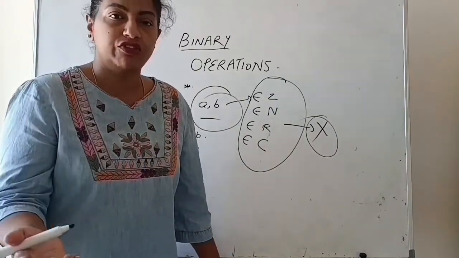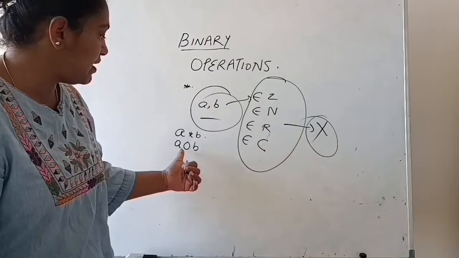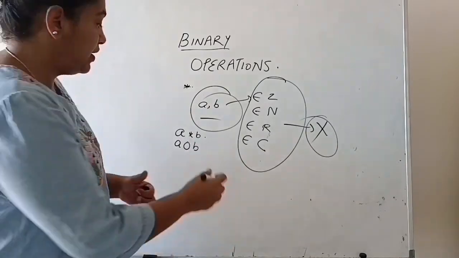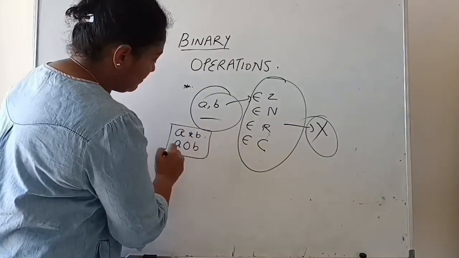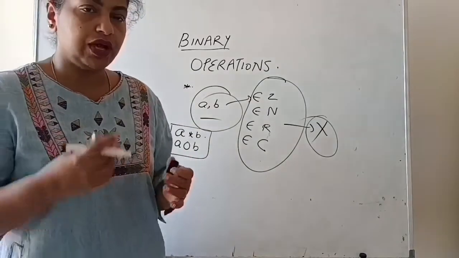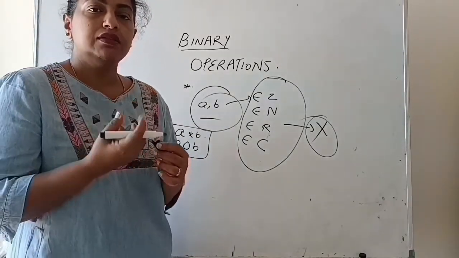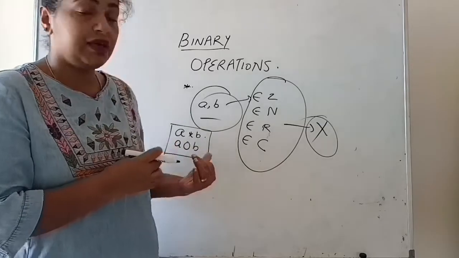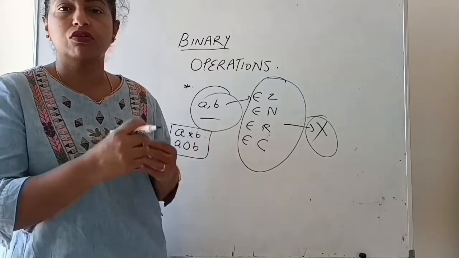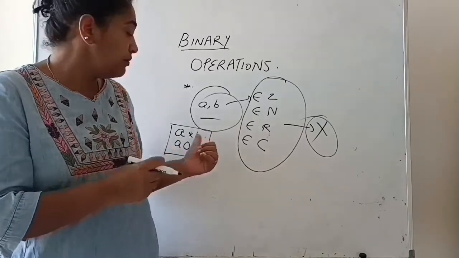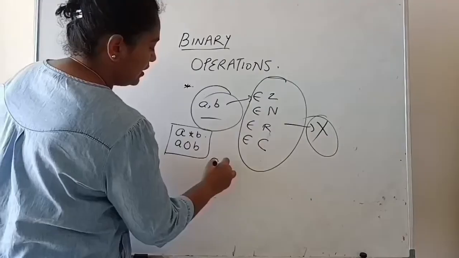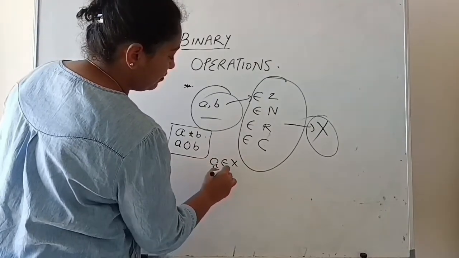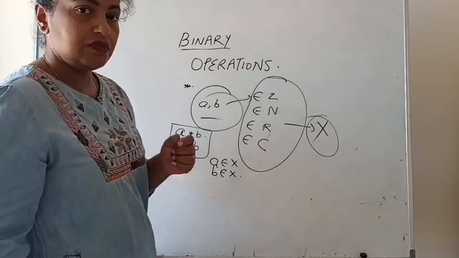It is the binary operation of a and b, represented as a binary b. When I say a binary b, I have to understand that the binary operation I am mentioning is an addition, subtraction or whichever operation I am going to define for a and b. A belongs to X and b belongs to X.